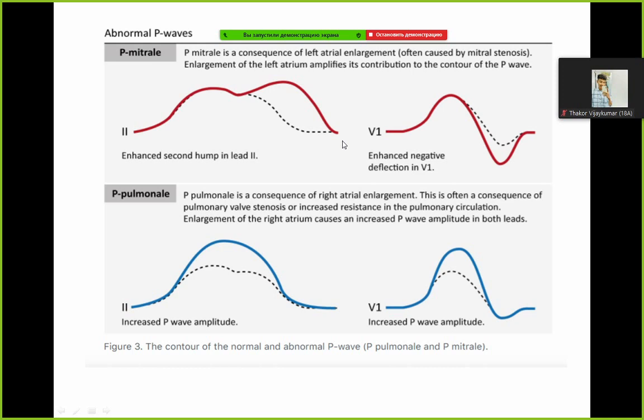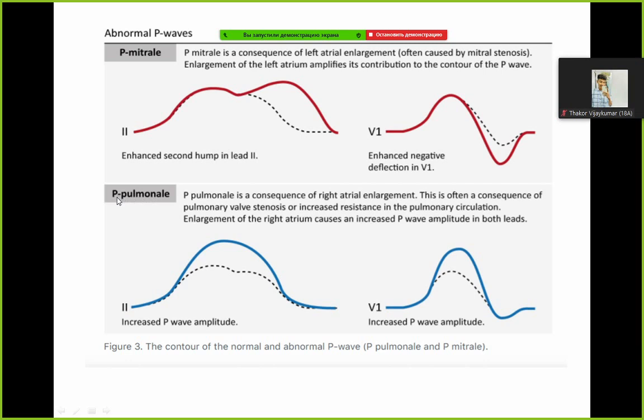That is why enlargement of the left atrium amplifies this second part of the P wave, and the P wave will be bifid, will have two humps in the second standard lead, and in V1 the P wave will have a more pronounced negative part than normal.